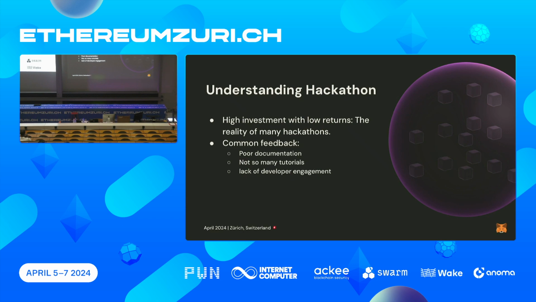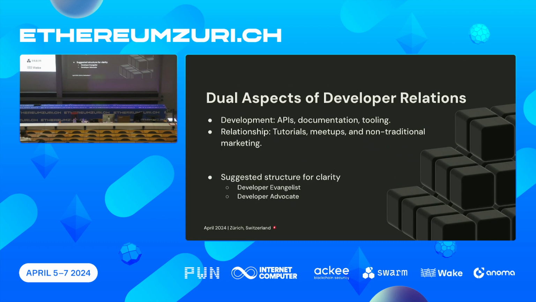I think that's key. For DevRel incentives and DevRel frameworks, there are 2 main areas that we're always speaking about. We're speaking about the development side, on the API, on the docs, on the tooling, and then the other side is all about the relationship side. This is also one part that I'm a big advocate of right now, basically the DevRel organizational framework.